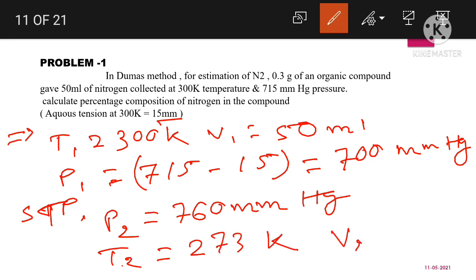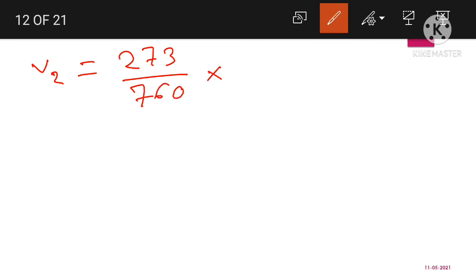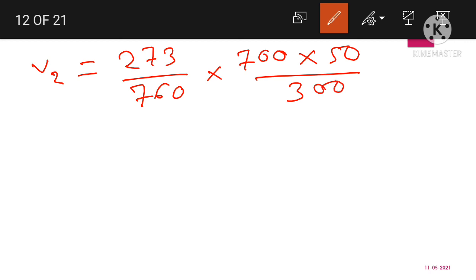We have to calculate V2, the volume of nitrogen at STP. P1 V1 by T1 equals P2 V2 by T2, so we can calculate it. V2 will be 41.9 ml. This is the volume of nitrogen at STP.